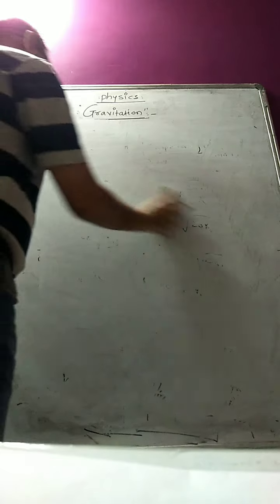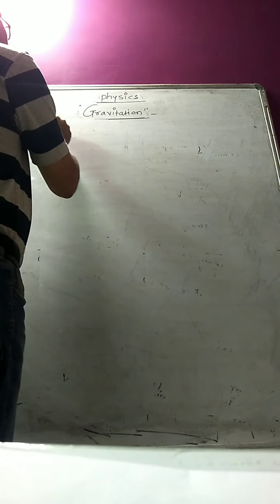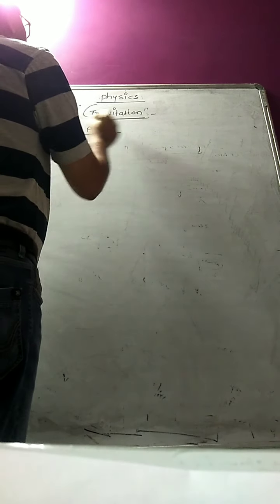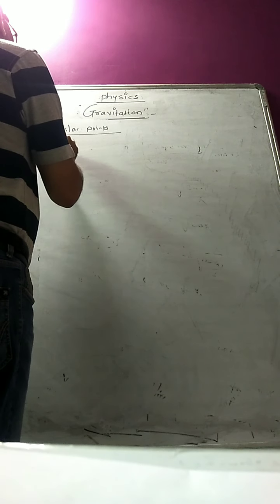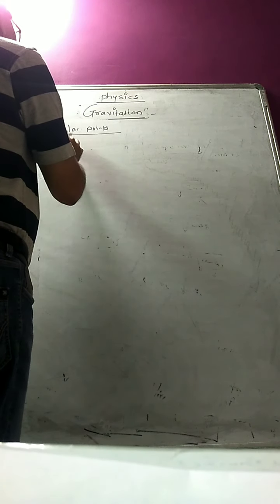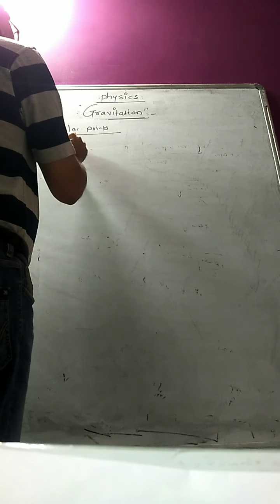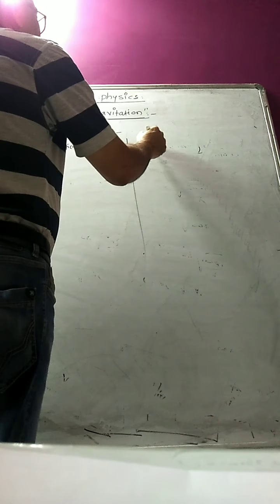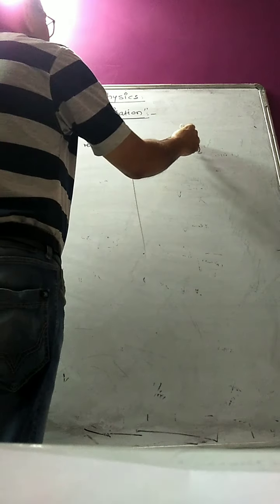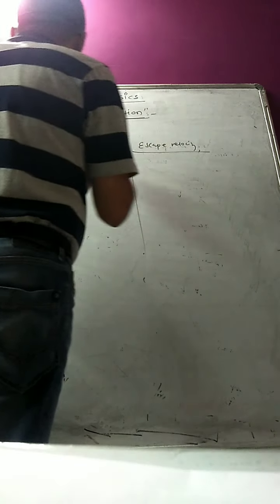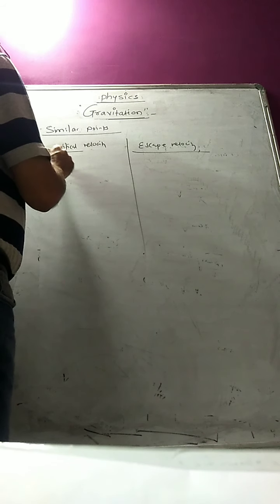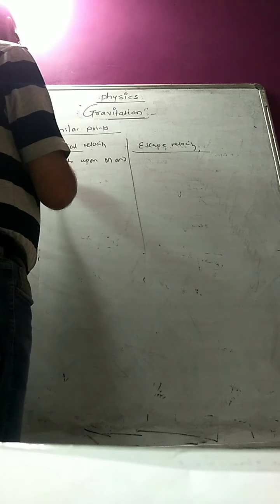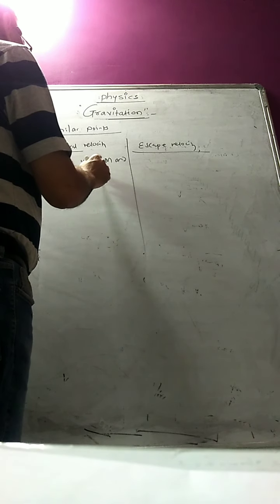Okay, so now you see here, first of all, similar points. Which are they? Escape velocity and critical velocity, both depend upon, okay, critical velocity depends upon the mass and radius of the planet.